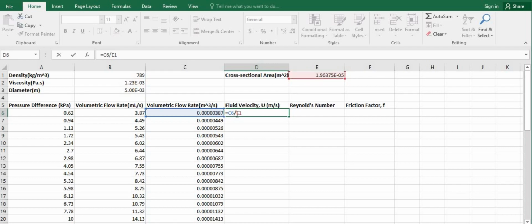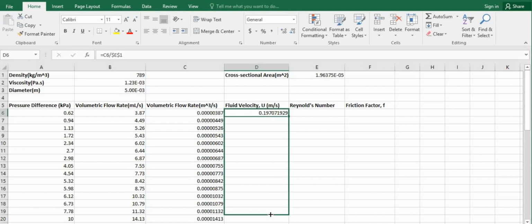The dollar before E indicates that E is constant, and a dollar before 1 indicates that row 1 is also constant. So we have this, press enter, and then we'll replicate it all down.